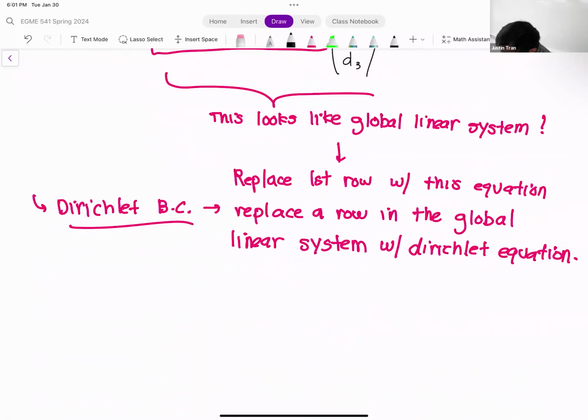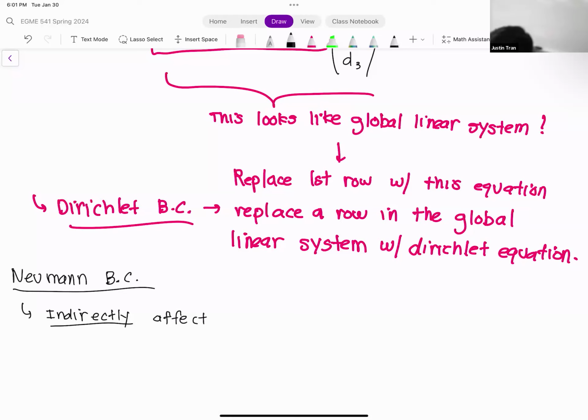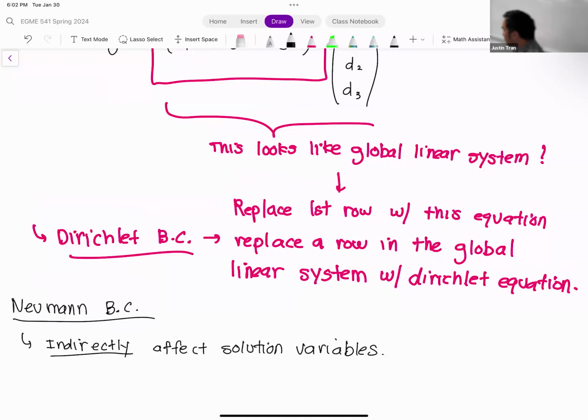Next, we have our Neumann boundary conditions. Remember what I said about Neumann boundary conditions, that these are indirectly affecting our solution variables. They are going to have an effect, it's just not going to be as direct as Dirichlet. In Dirichlet boundary conditions, we modified an entire row in the matrix, not only the things in the forcing vector, but also the entries in the matrix itself.